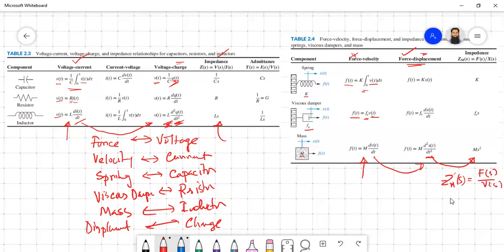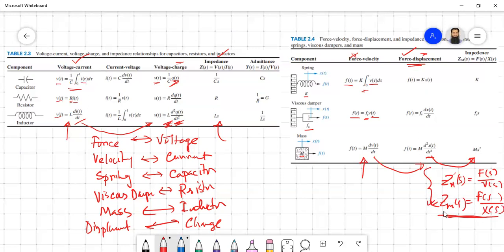But for our ease and to make the equations easier, we just assume that ZMS is actually Fs by XL. So this is just another assumption, but eventually it is not true. Just to make the equation easily obtainable, we are assuming this thing. So you have to clearly understand that, otherwise a full analogy cannot be taken.